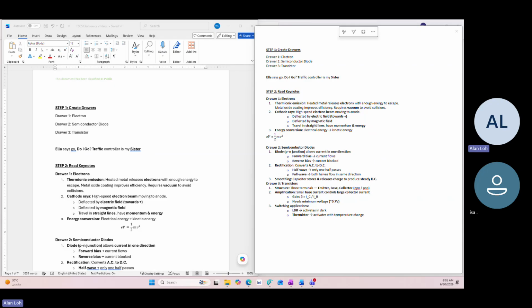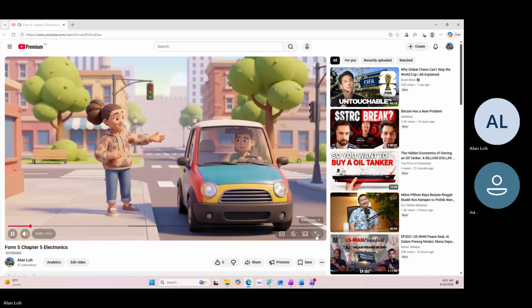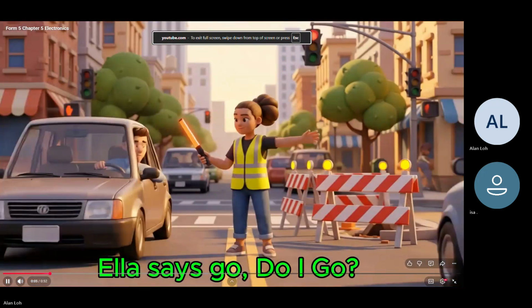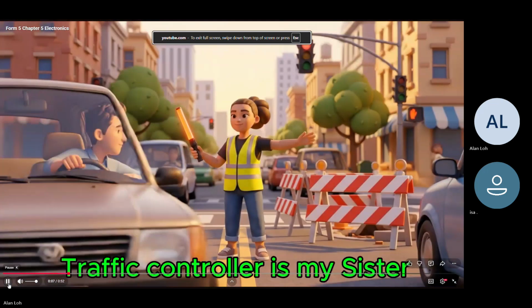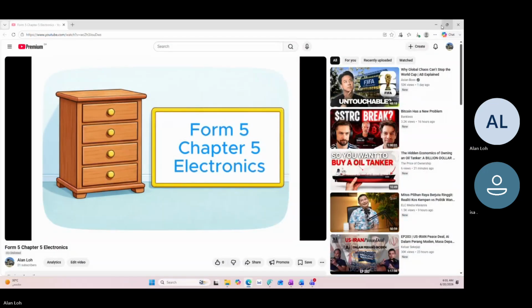Let's see if I can open it. Okay, I think it's smooth.